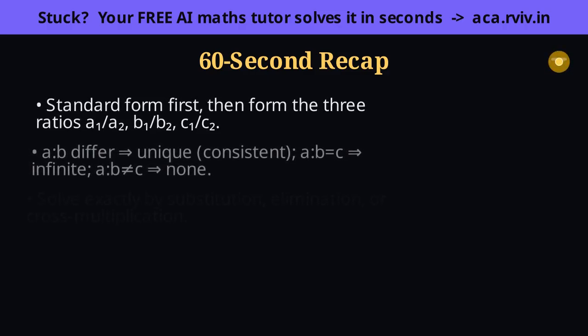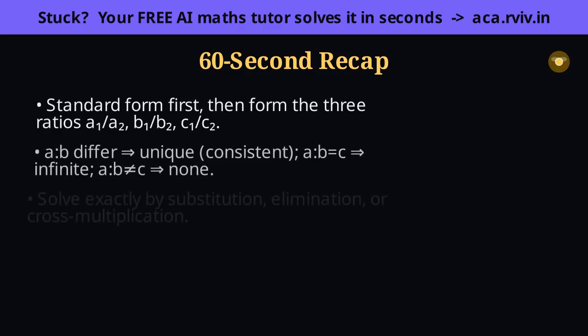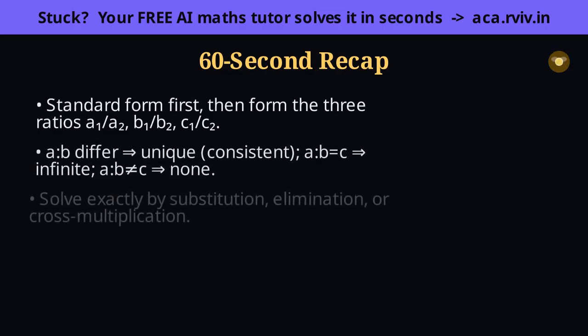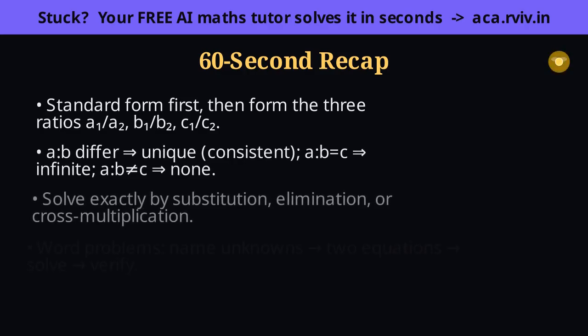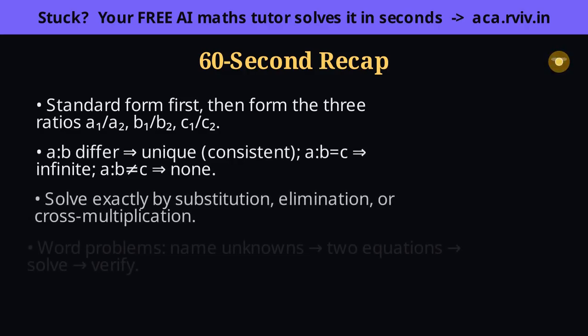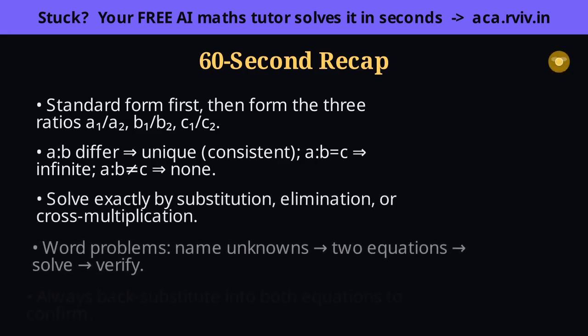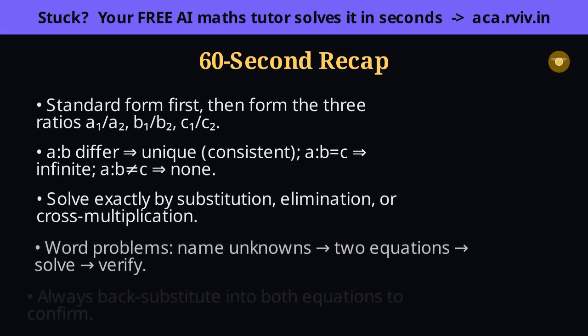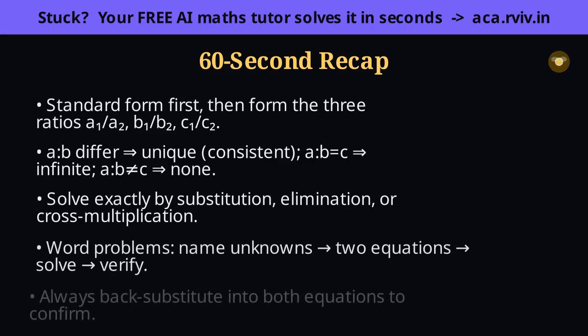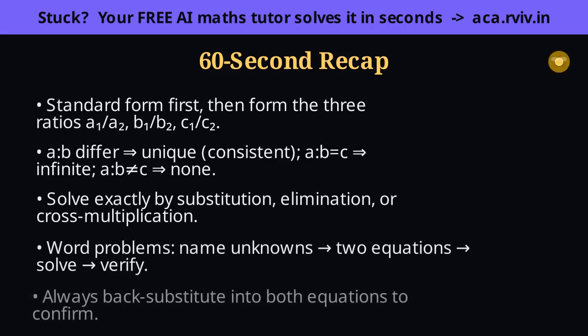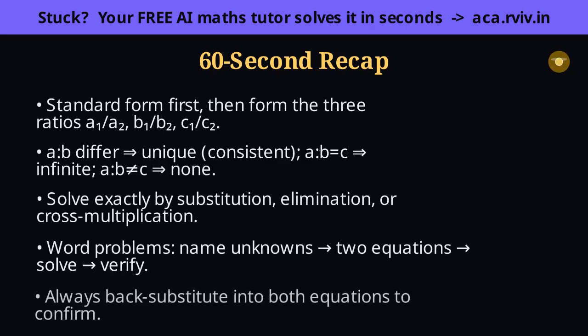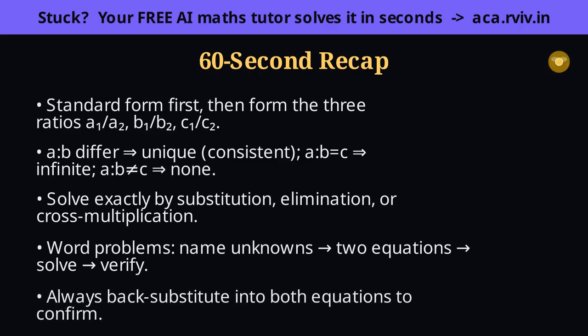Solve exactly with substitution, elimination, or cross multiplication, each just a different road to that meeting point. For word problems, name the unknowns, build two equations, solve, and verify. And always back substitute into both equations to be sure. Hold the picture, and the whole chapter stays with you. You're exam ready.